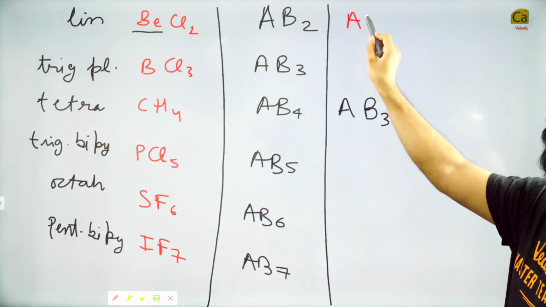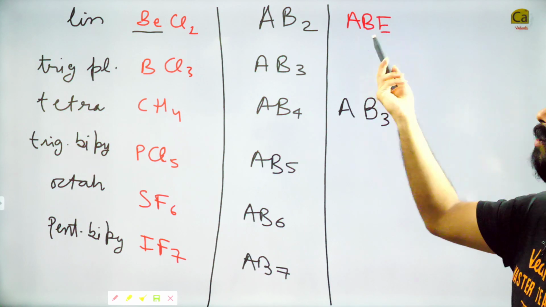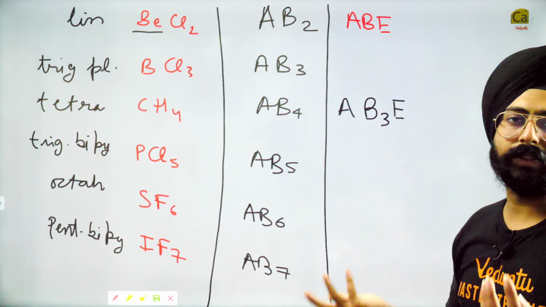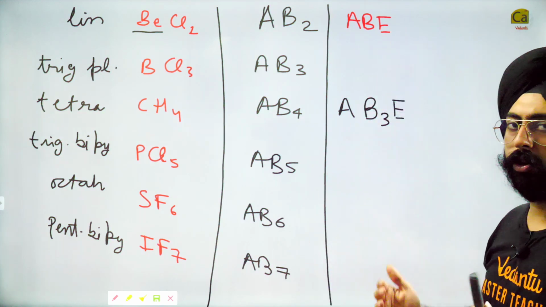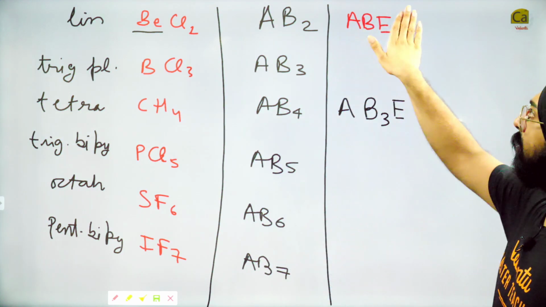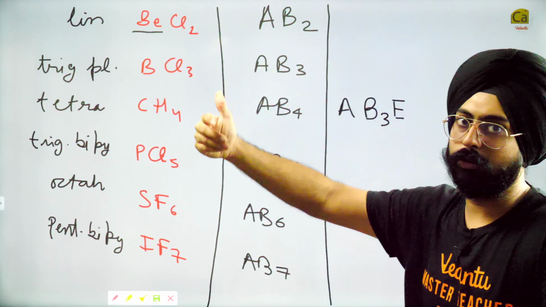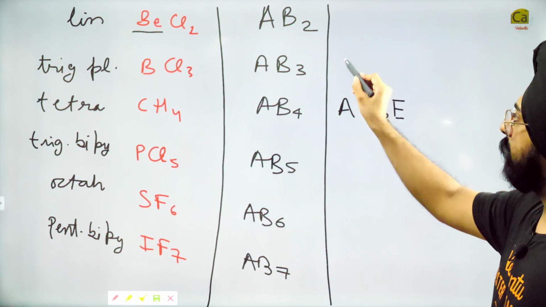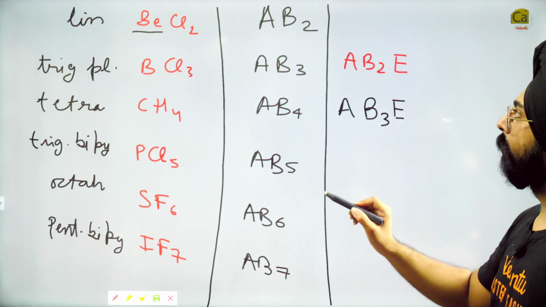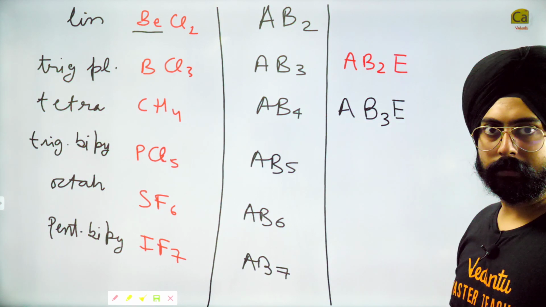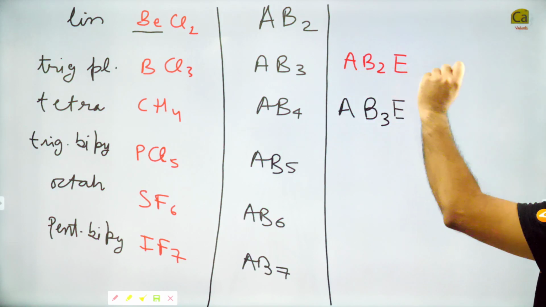Does it make sense to write ABE? Not really, because ABE's shape will be very simple, A and B, that's all. Lone pair does not contribute to the shape of the molecule. तो बस इसको लिखने की जरूरत नहीं है. There's no need to write it. Over here, a non-standard case could be AB2E. Two bond pairs, one lone pair. Okay, one central atom, two bond pairs, one lone pair.